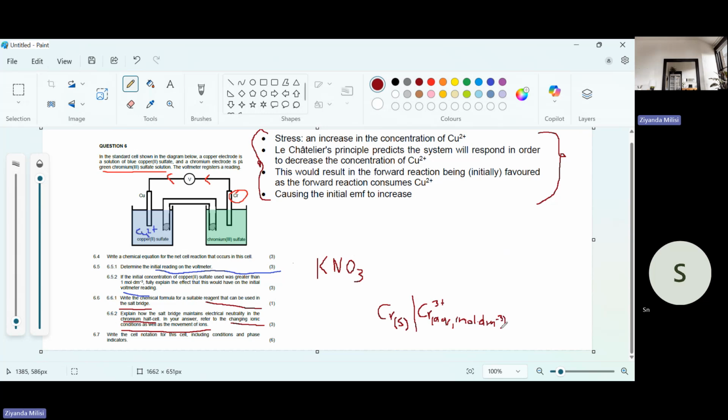Then close the bracket. You've got a salt bridge. Then we've got Cu, which is also a solid. Slash Cu2+, it's an aqueous solution.